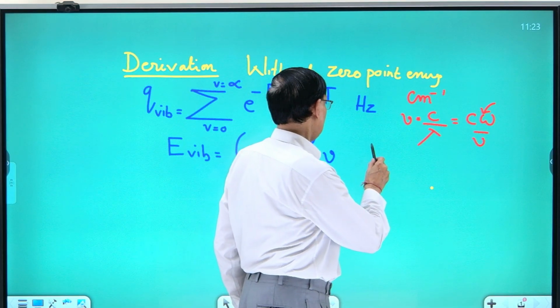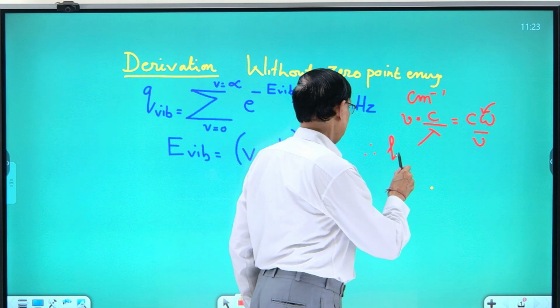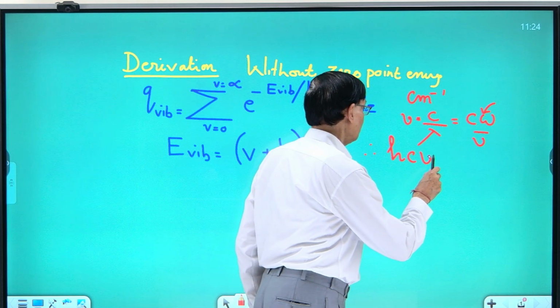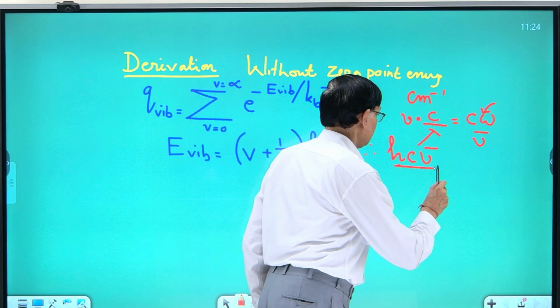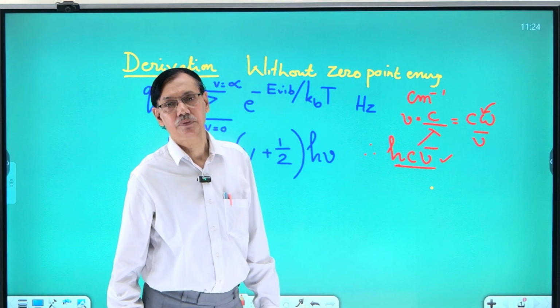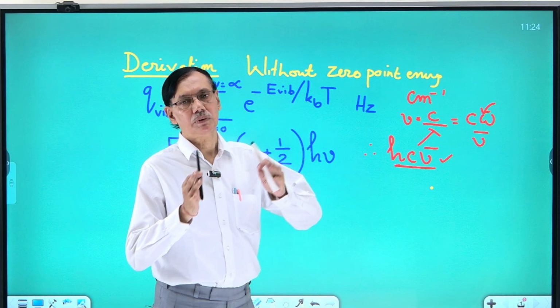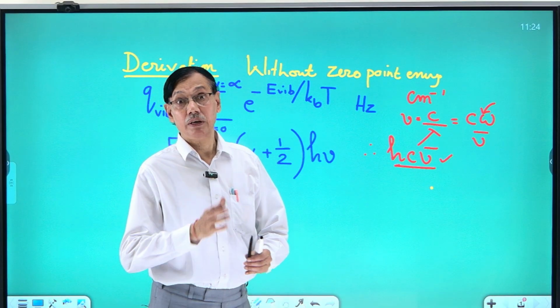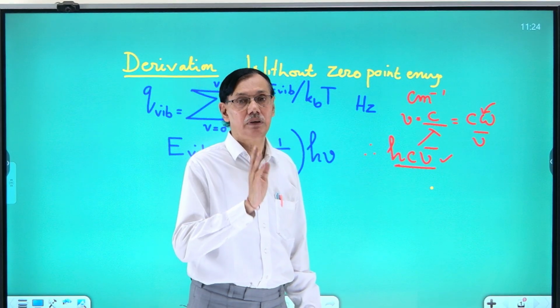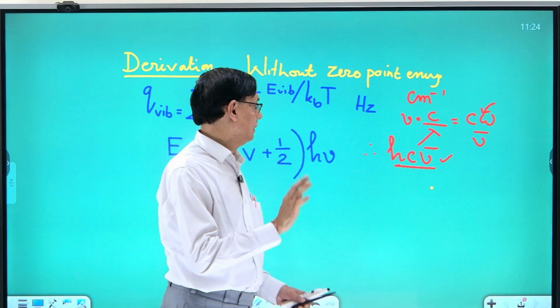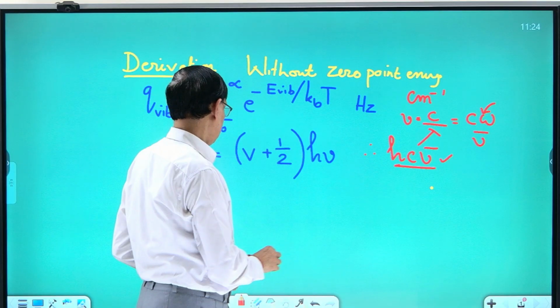So sometimes it is given as h c nu bar. So don't get confused. Both are correct. One is in terms of hertz, another is in terms of centimeter inverse. You should be very careful while solving numerical problems. Otherwise, there is no problem about these things.